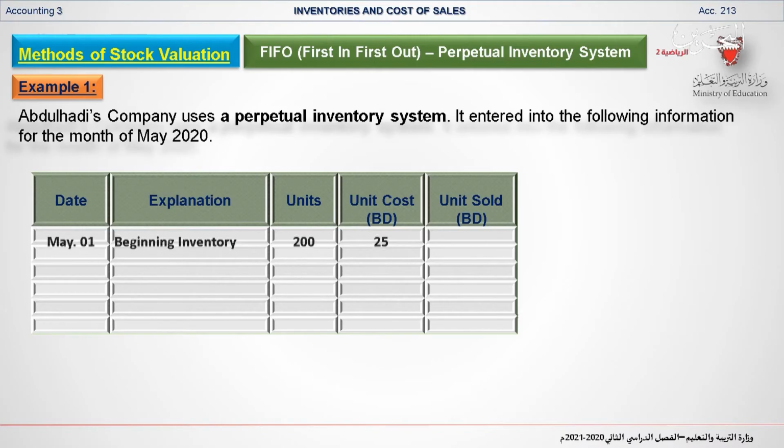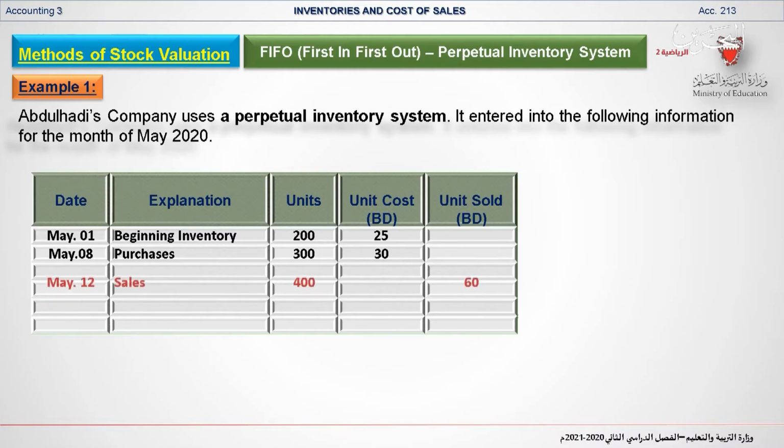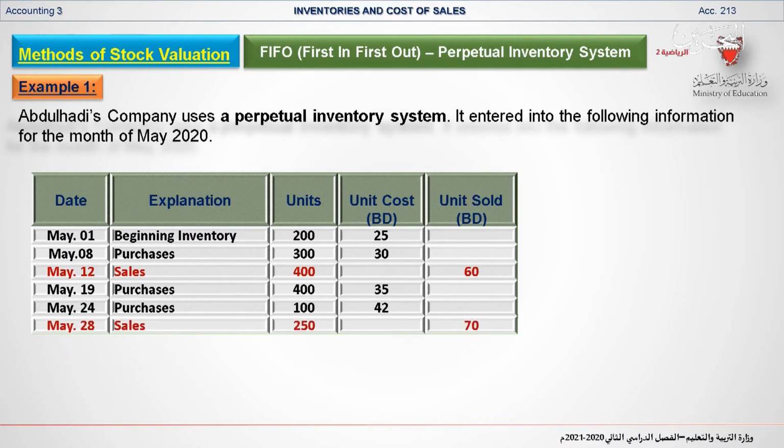On 1st of May, the beginning inventory balance was 200 units at a cost of 25 BD per unit. On 8th of May, Abdelhadi Company purchased 300 units at a cost of 30 BD per unit. On 12th of May, the company sold 400 units at a selling price of 60 BD per unit, and so on for the rest of the month.